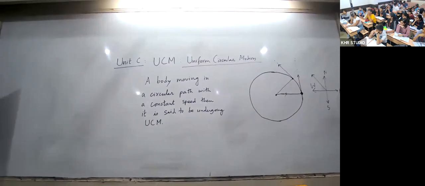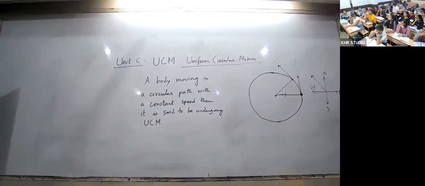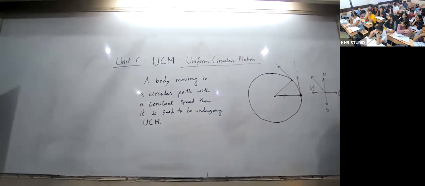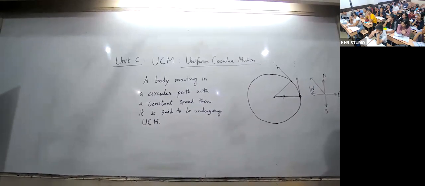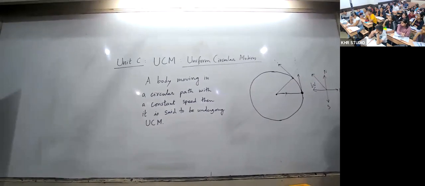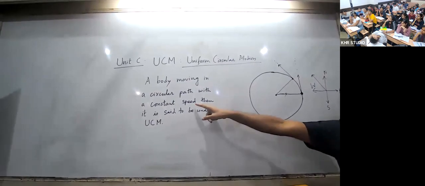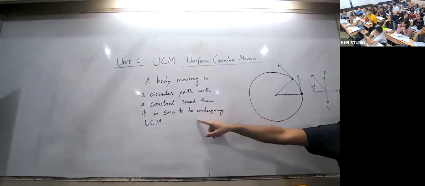Now, what have you learned? The direction is continuously changing. That means some force must be changing the direction of the object. That means there must be some force acting on the object during the circular motion. If force is acting, that means it is an accelerated motion. So the speed is constant, but what is not constant?